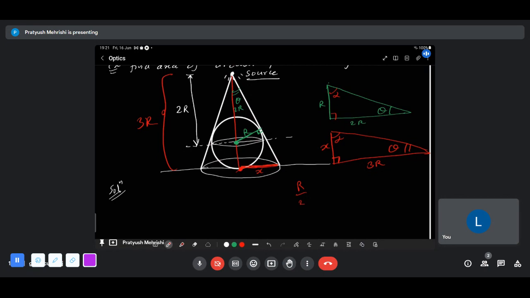No, this is not 2r, I'm sorry, this is the hypotenuse. Hypotenuse is 2r, is it not? So this is the square root of 4r square minus r square.